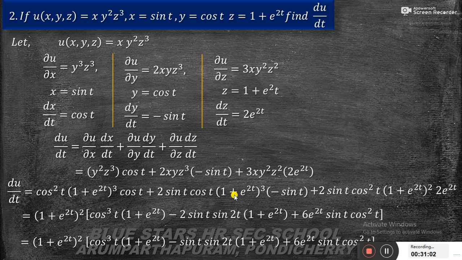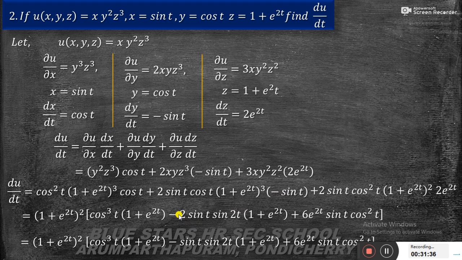Next, in the second term, the remaining terms are minus 2 into sin t cos t. I write it as sin 2t, because the sin 2t formula is 2 sin t cos t.